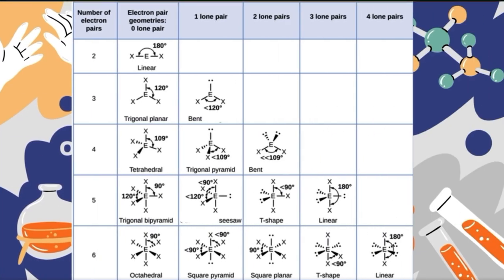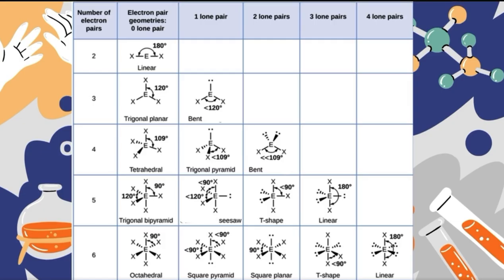So now let's take a look at this table. This table shows the molecular shape of the atom according to the number of electron pairs. As mentioned before, when the number of lone pairs is 0, the shape is equal to the basic shape. And there are 5 basic shapes: linear, trigonal planar, tetrahedral, trigonal bipyramidal, and octahedral. Each shape has its specific angle.